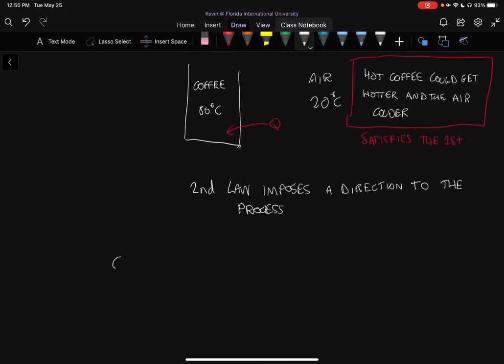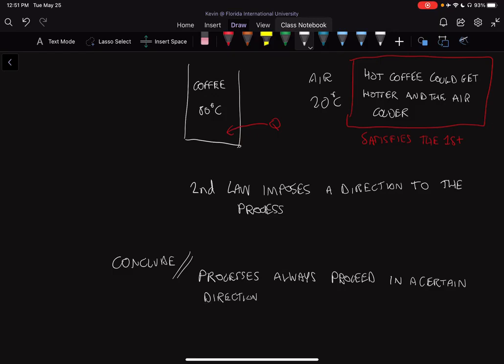So to conclude from this, and there are many other examples of this as well, but you can look at them in your book, we can say that processes always proceed in a certain direction and not in the reverse direction.